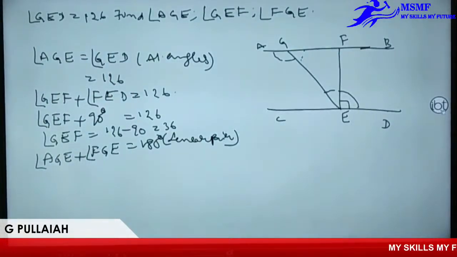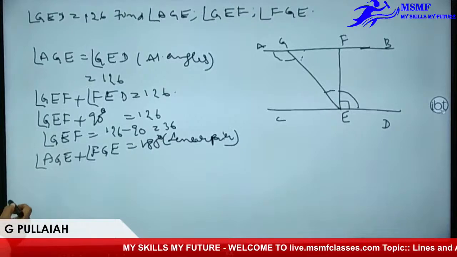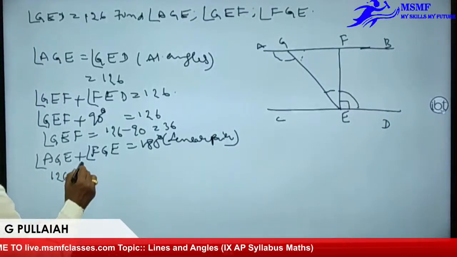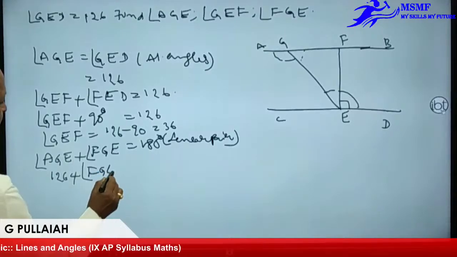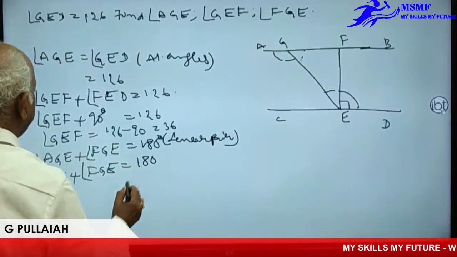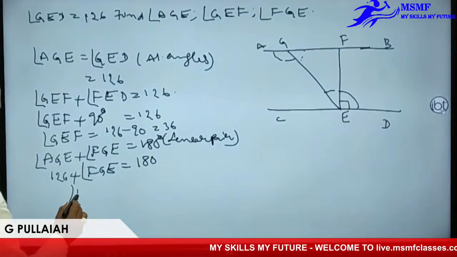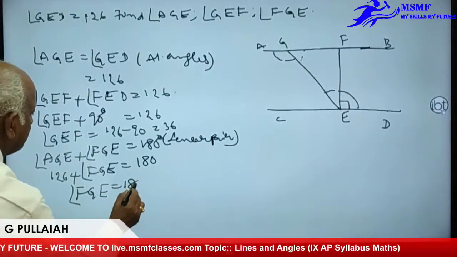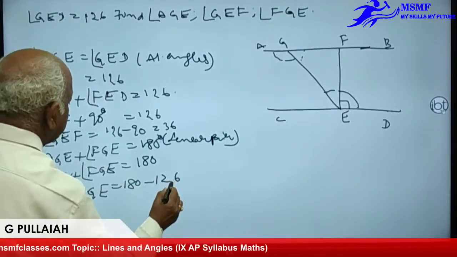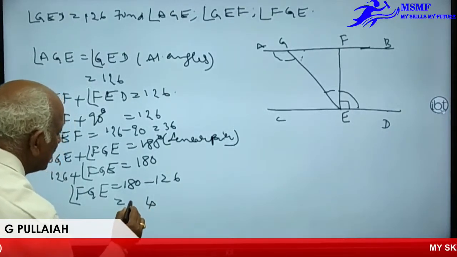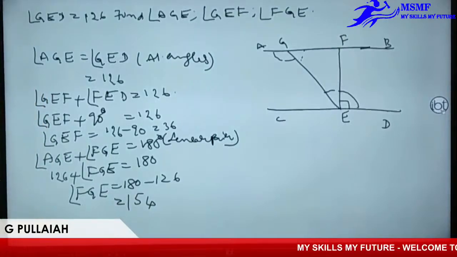We know AGE is equal to 126 degrees. So 126 degrees plus FGE is equal to 180. That gives 54 degrees.